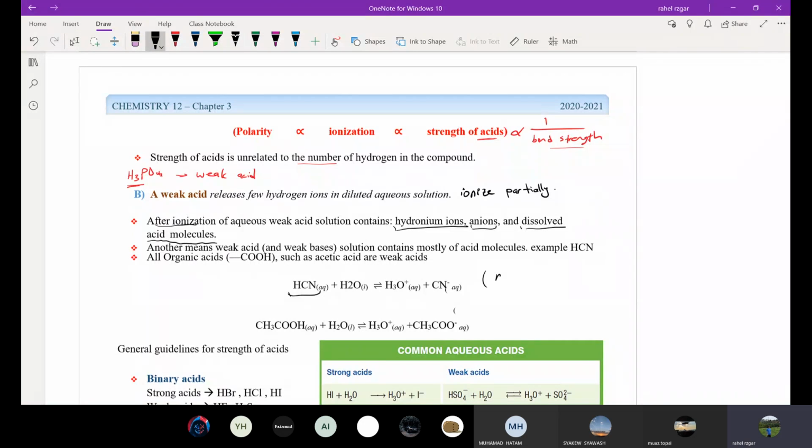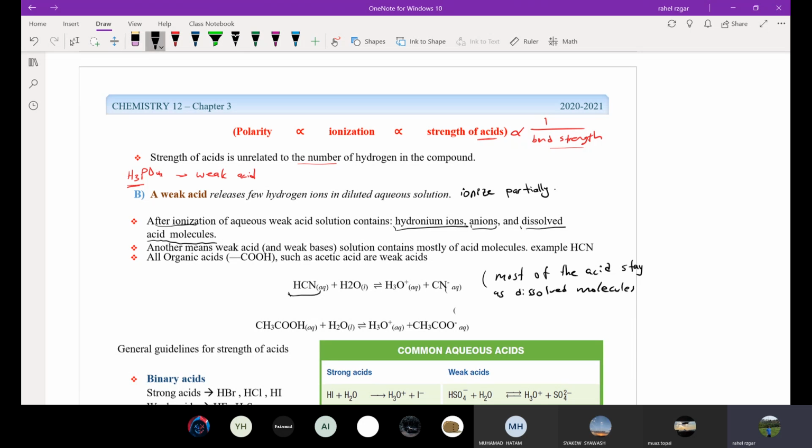So most of the acid stays as dissolved molecules. The same thing that we said in chapter 2.